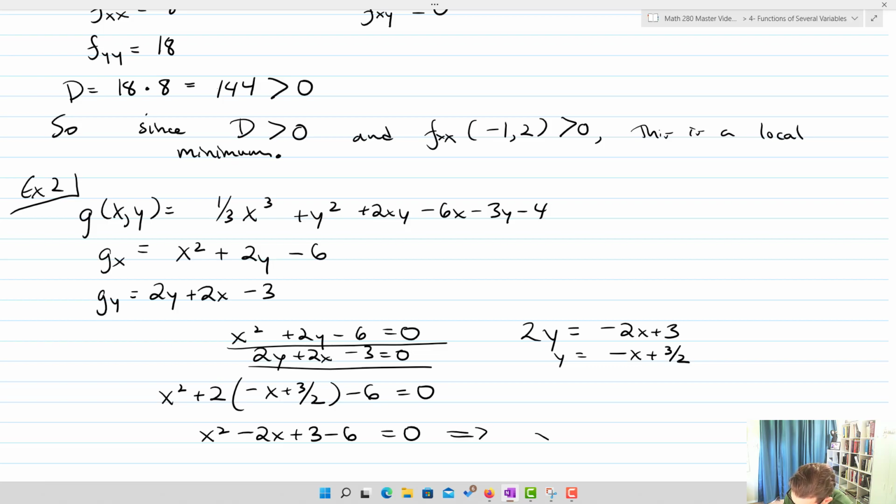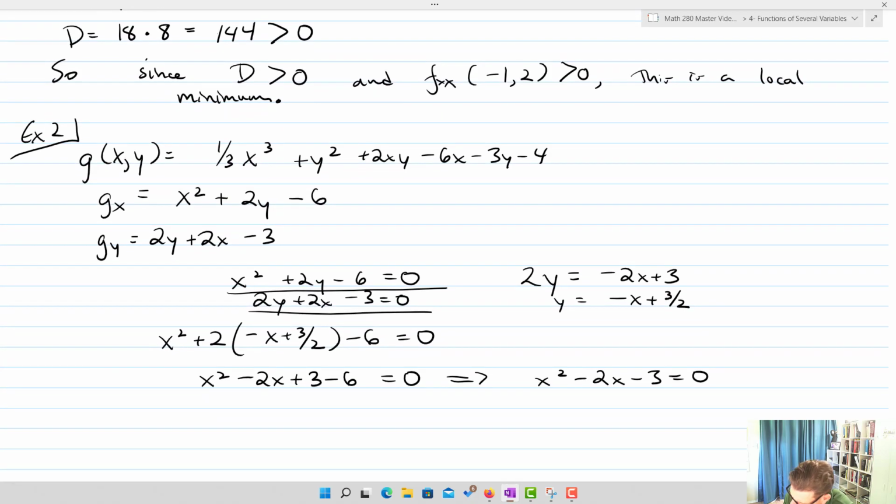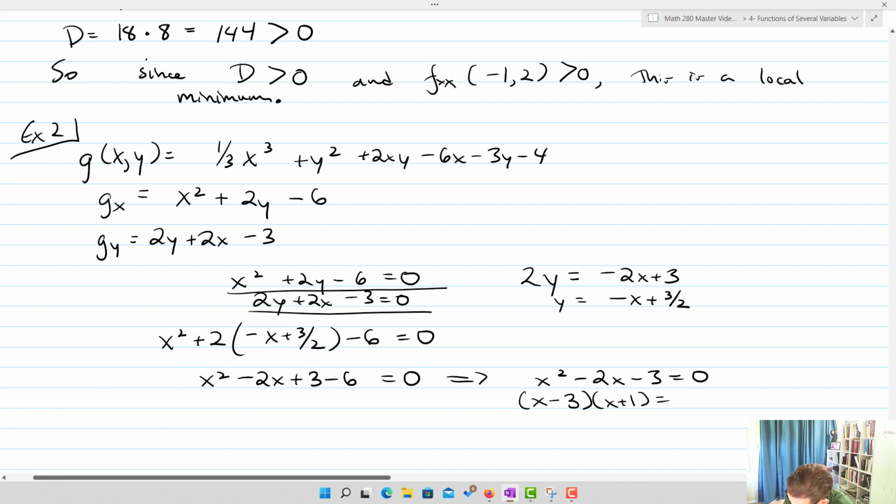That means x squared minus 2x minus 3 equals 0. I can factor this into (x minus 3)(x plus 1) equals 0. So x equals 3 and x equals negative 1. That's the solution to my system.